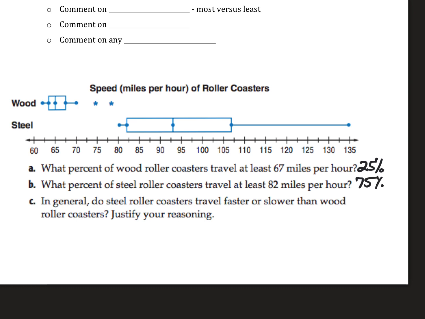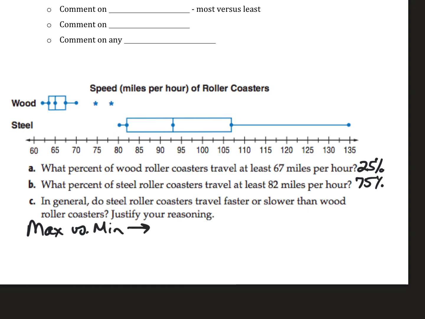Okay. In general, do steel roller coasters travel faster or slower than wood roller coasters? Justify your reasoning. This is what I was talking about, making some kind of intelligent comment here. Let's compare some things. First of all, let's compare maximum versus minimum.